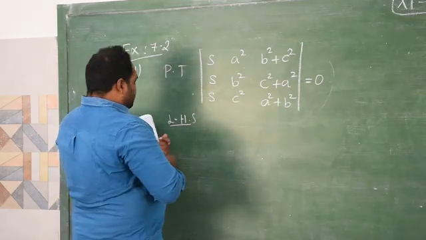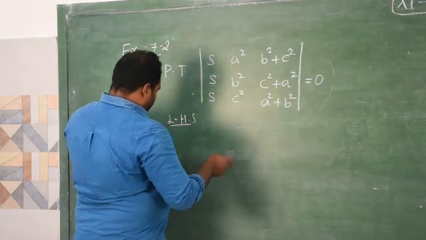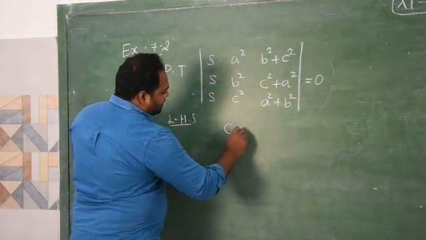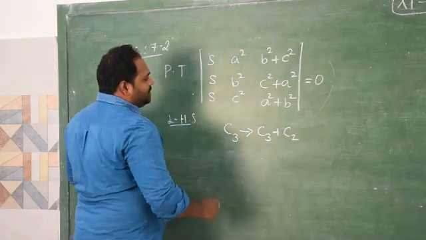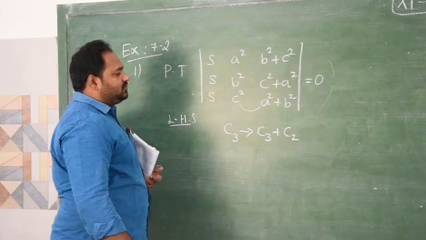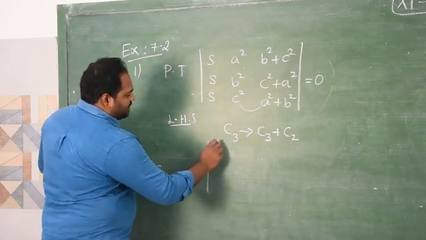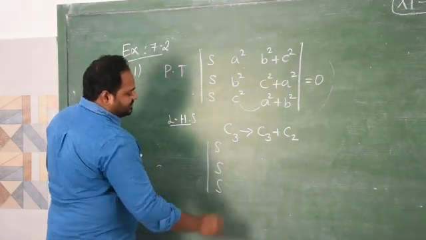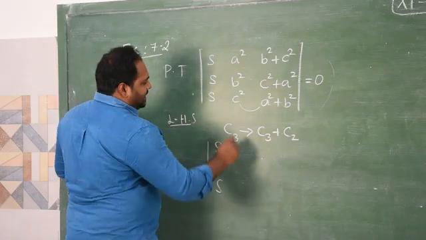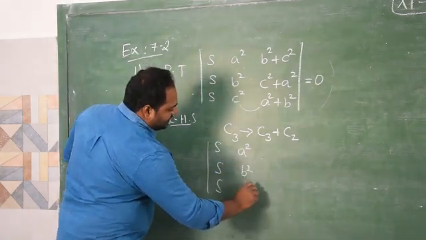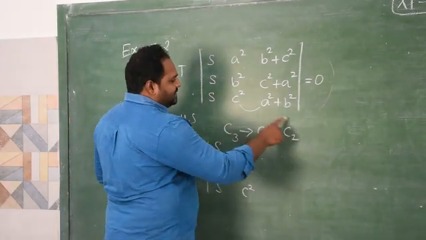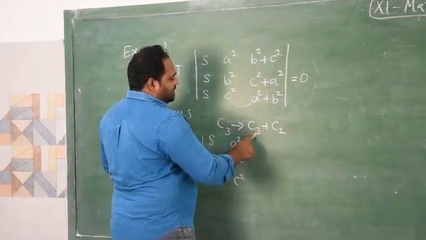Okay, now I am going to do C3 gives C3 plus C2. I am going to add these two columns. So what will happen? First column as it is. Second column also as it is. There is no change; we didn't change anything in the second column. But I am going to change the third column, which is C3 plus C2.